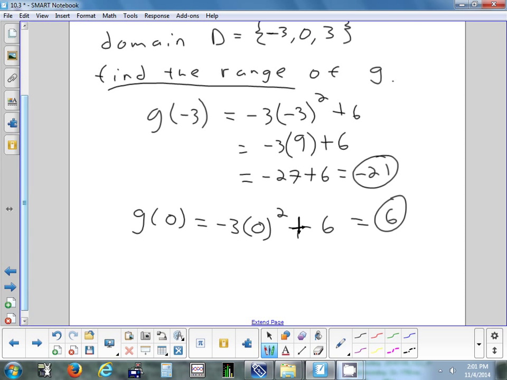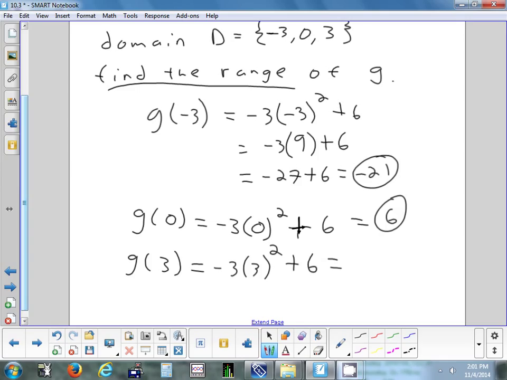One more value. Justin, what's our last value? 3. Okay, so we're going to plug in 3. Kate, how do I do that? How do I plug in 3? Negative 3 in parentheses, 3, plus 6.